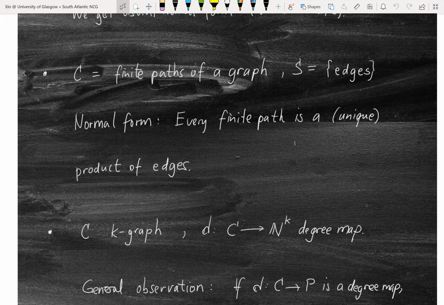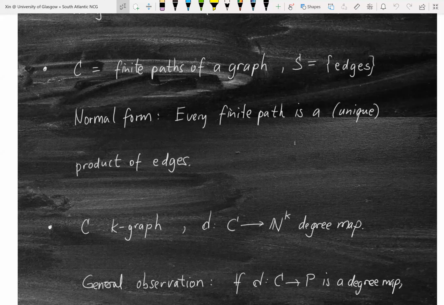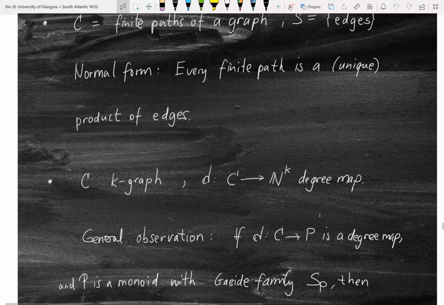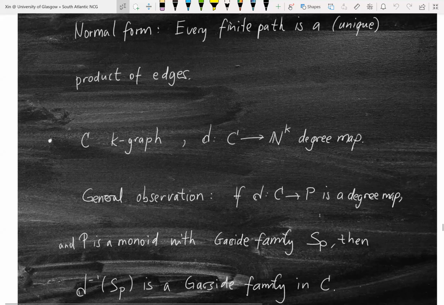In general, if you have a category and a degree map to a monoid P, like in our case N^k, and you know that you have a Garside family in this monoid P in the target of the degree map, then you can just pull it back, take the pre-images, and this will be a Garside family in the original category. Are you assuming that this is surjective?